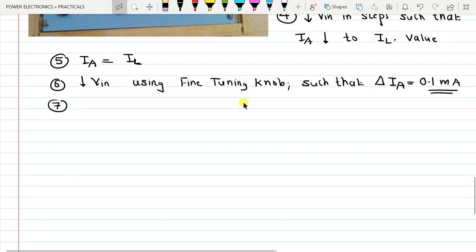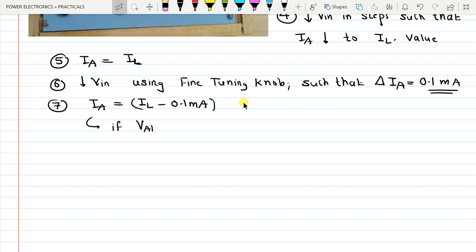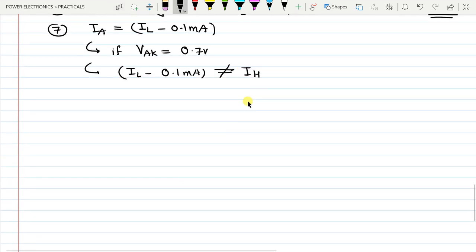So say for example IA is now equal to IL minus 0.1 milliamperes. This is the status. So what do we note here? If VAK equal to 0.7 volts, then what is the conclusion? The conclusion is that IL minus 0.1 milliamperes is not the holding current value.